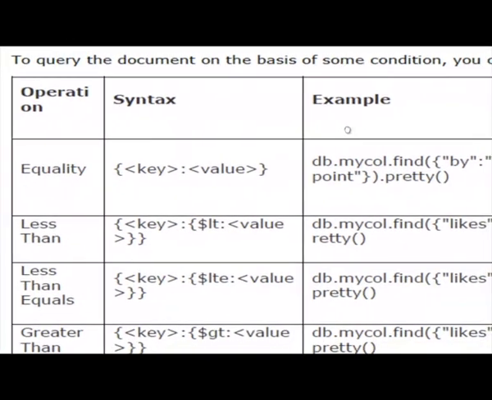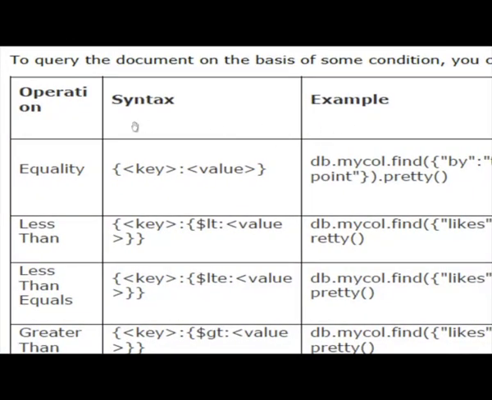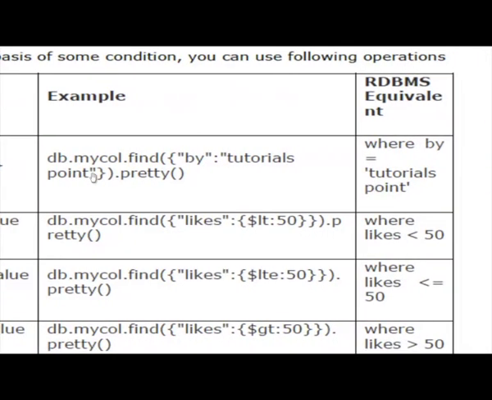The first operation is called equality, and the syntax is going to be key colon the corresponding value. One example is db.mycol.find, and inside that, if you are going to look for, say, tutorialspoint, then you should make use of the document that is created by, say, tutorialspoint.